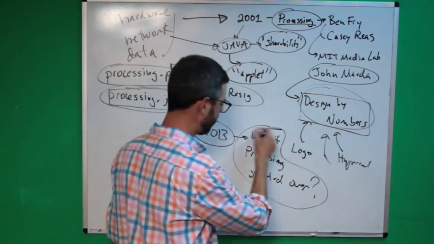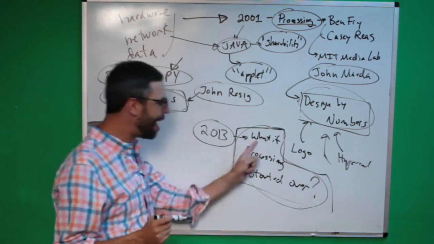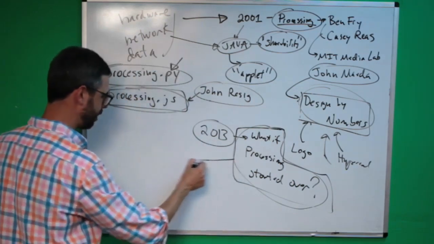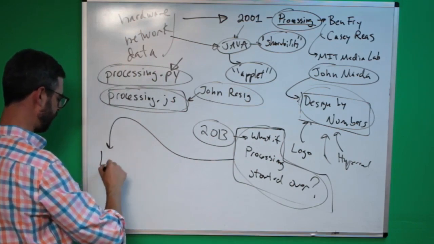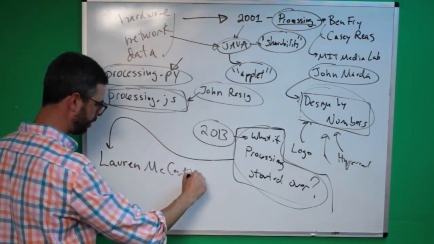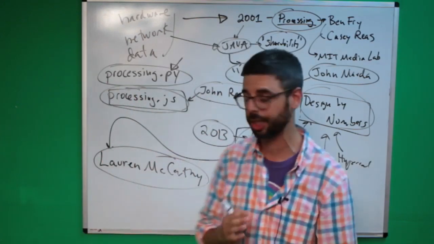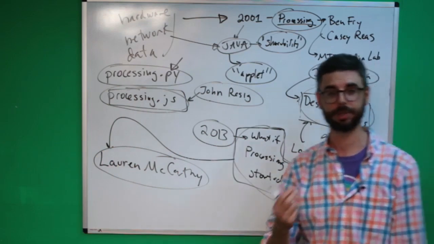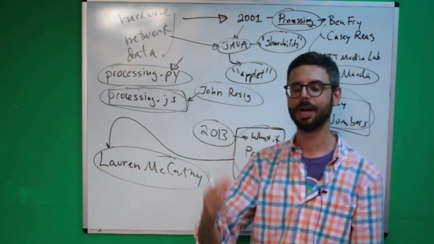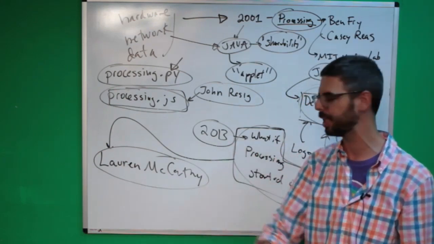But this question in 2013 came up: what if processing were to start over? And someone that I would like to mention here is Lauren McCarthy. One of the things we do as the Processing Foundation is offer fellowships, small stipends to people who propose a project around a code library, an education initiative, a diversity initiative.